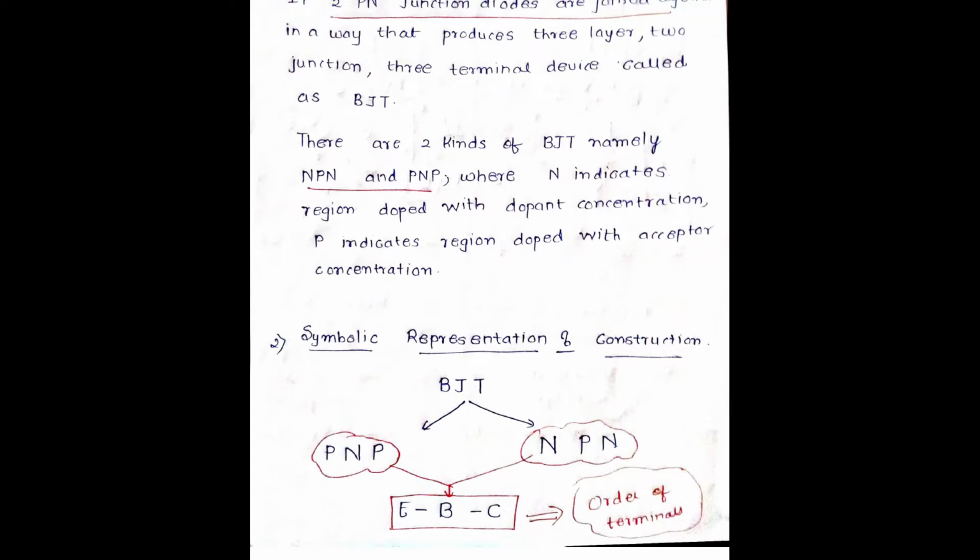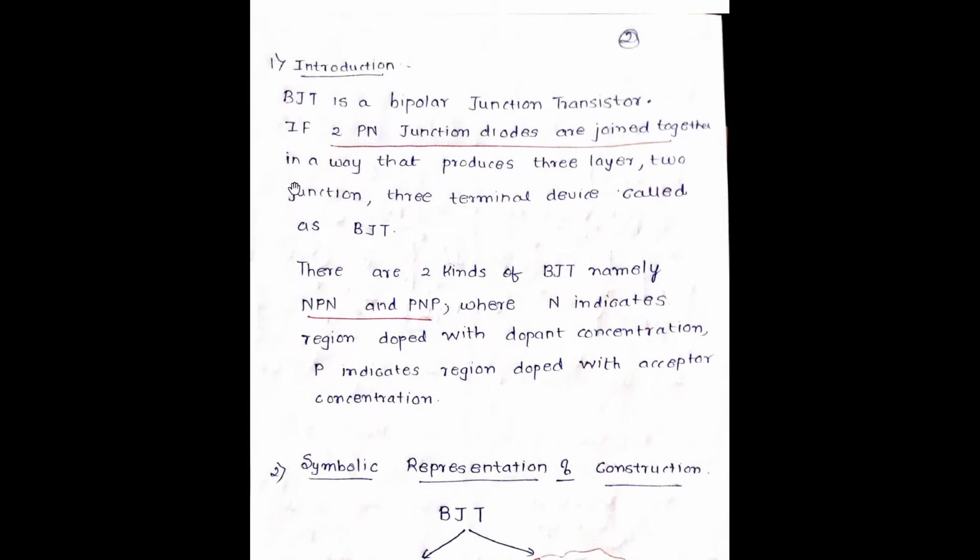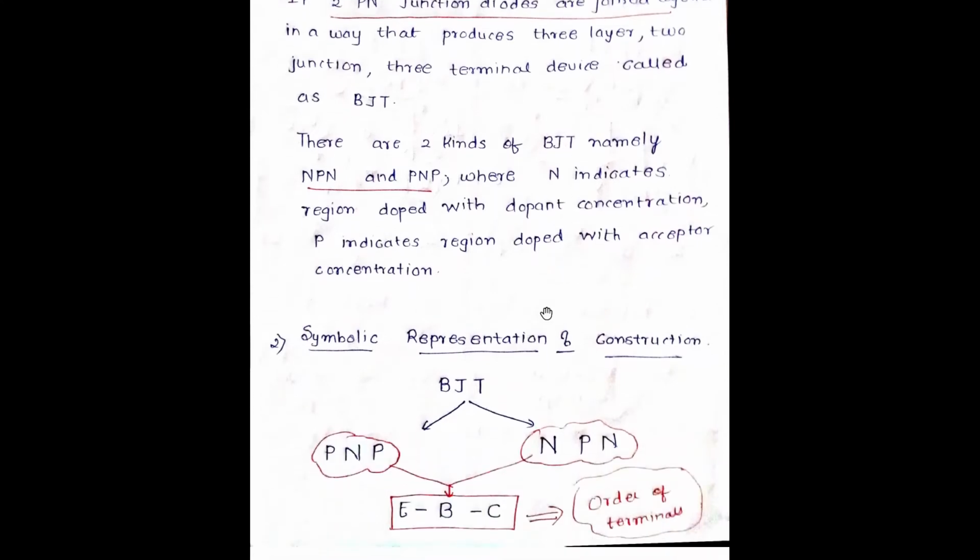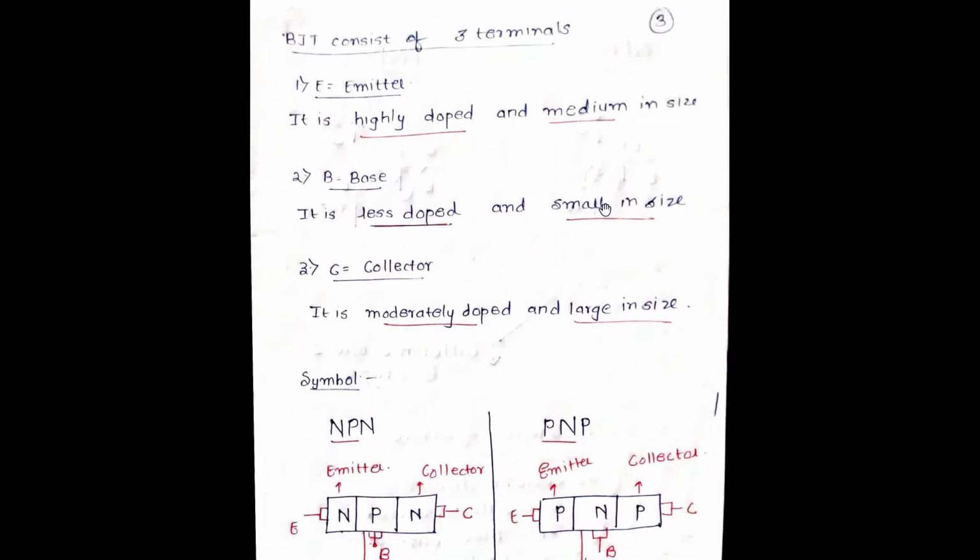So BJT, as I mentioned, is a two PN junction diode kind of device which has three terminals, E, B, C. The regions in them are N and P both. The N is the region that is doped with the donor concentration. The P is the region which is doped with the acceptor concentration.